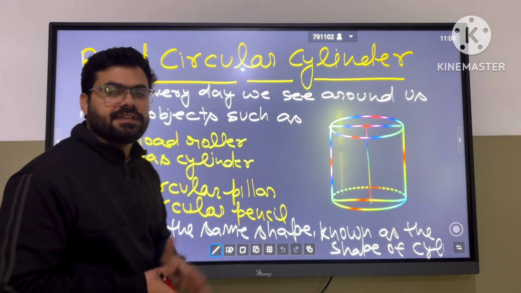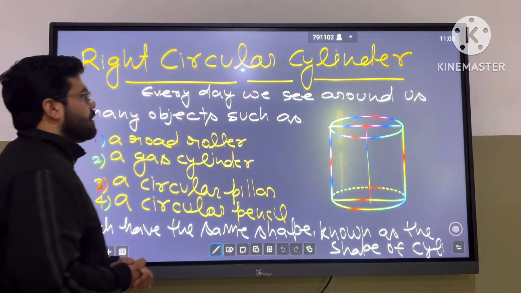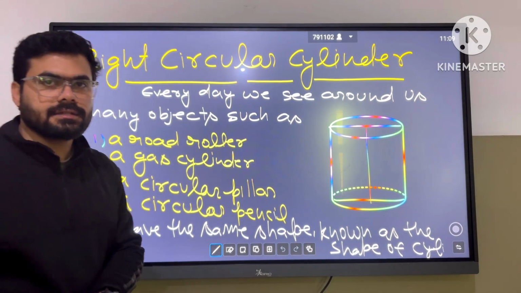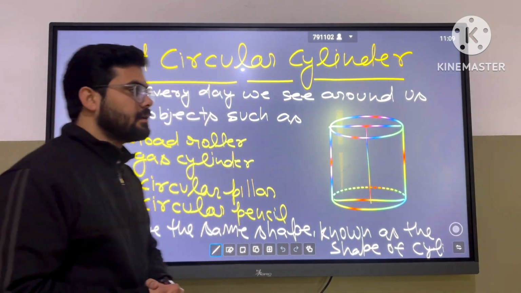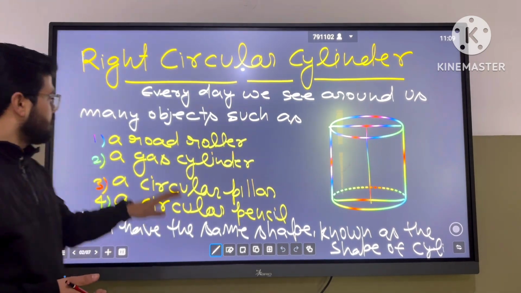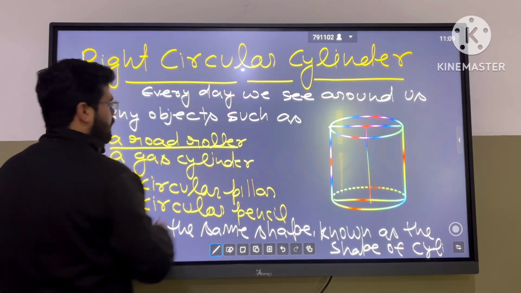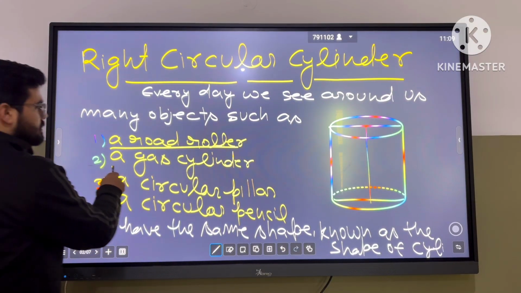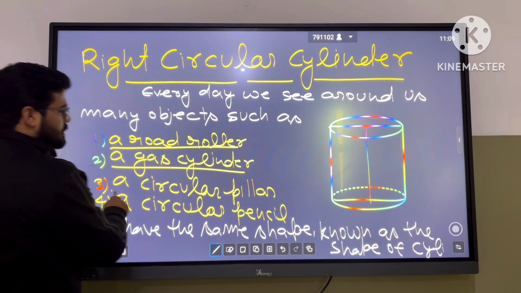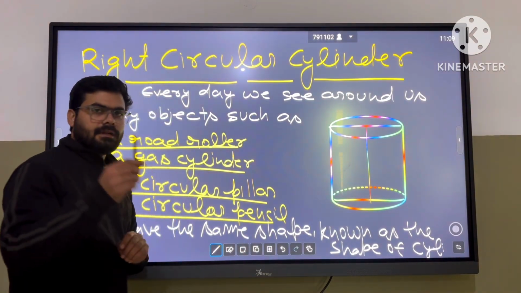Right circular cylinder. What is a right circular cylinder? In real life, we see many objects around us in the shape of a right circular cylinder, such as a road roller, a gas cylinder in your kitchen, a circular pillar, and a circular pencil like this.